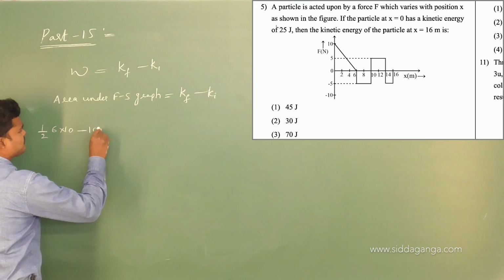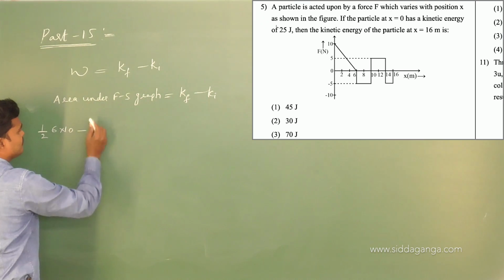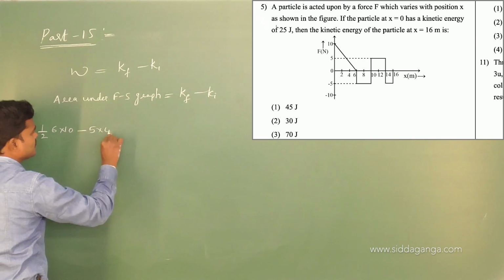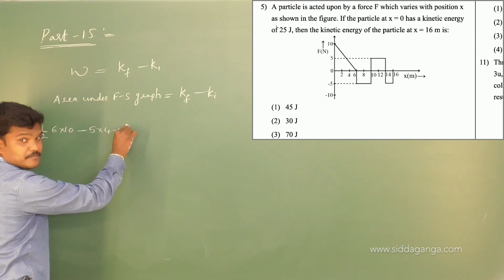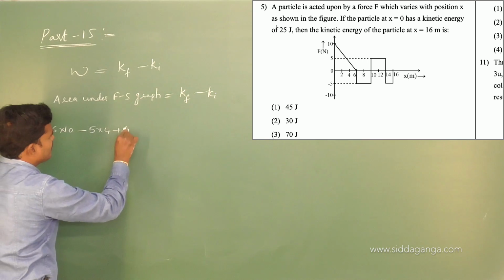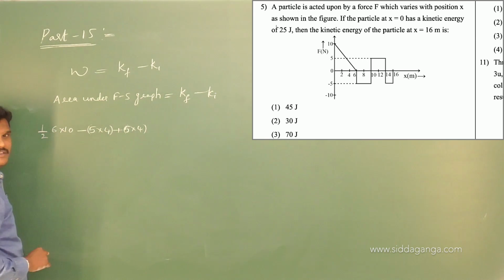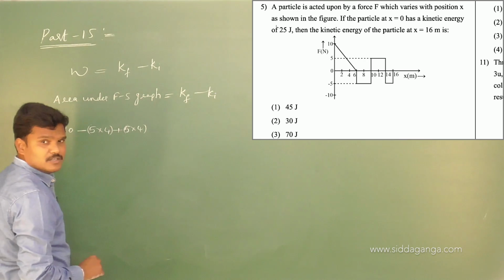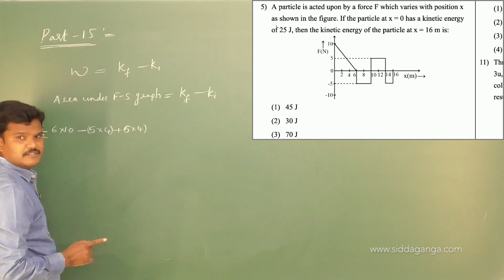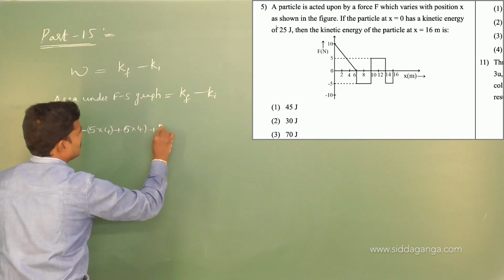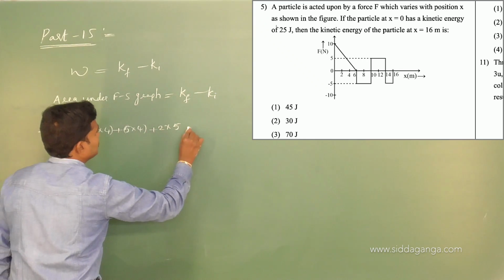So here 5 and 4, plus again the same 5 and 4. You know how to find the area of the square. And the last one has base 14 and 16, and height is 5. So half into 2 into 5.